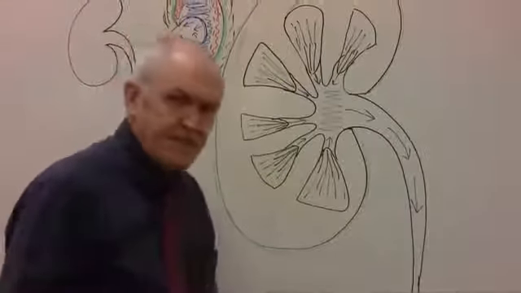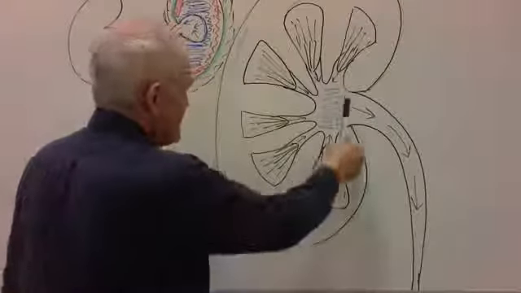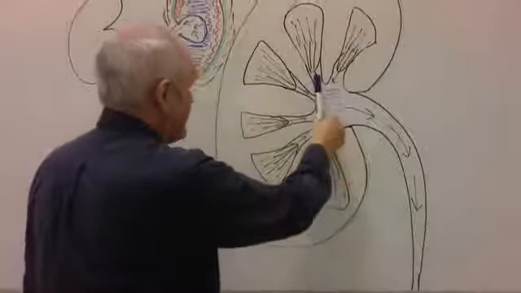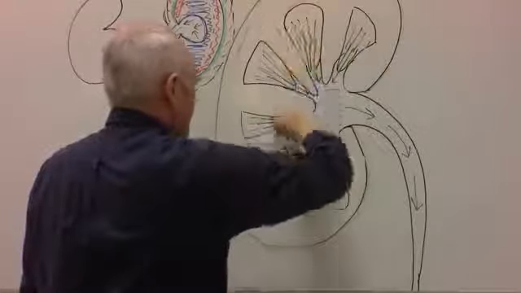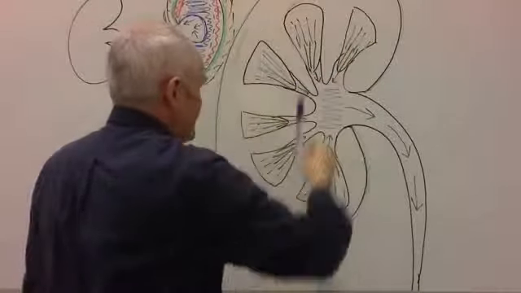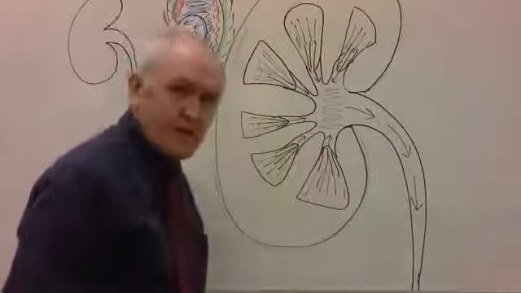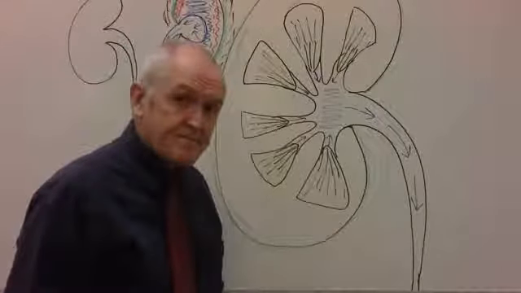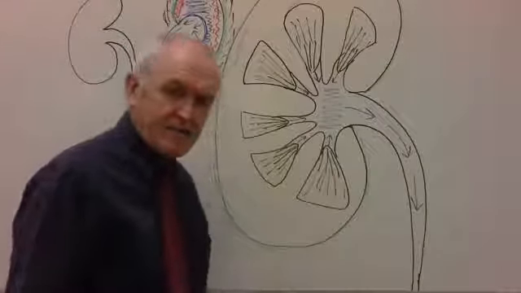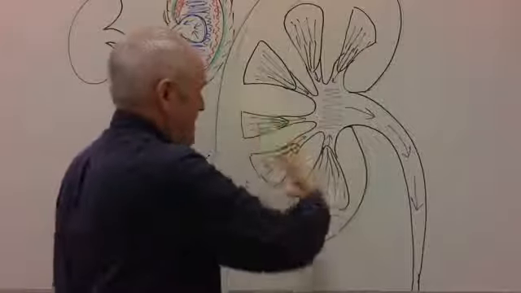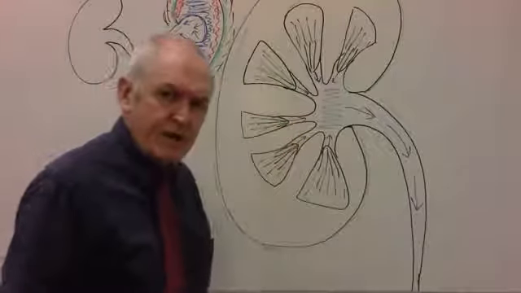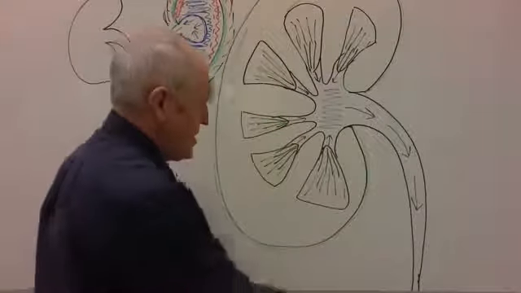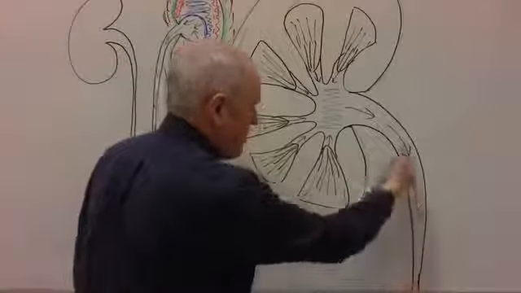In practice, if there is such an infection, it tends to infect the pelvis, the calyces and the renal parenchyma. We would therefore call such an infection pyelonephritis. So pyelonephritis, inflammation of the whole kidney, usually caused by bacterial infection, usually as the infection ascends up through the ureters.